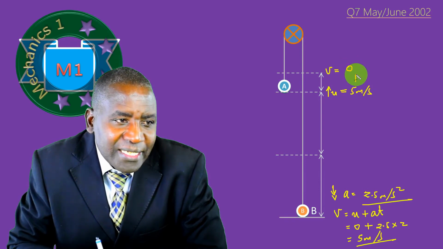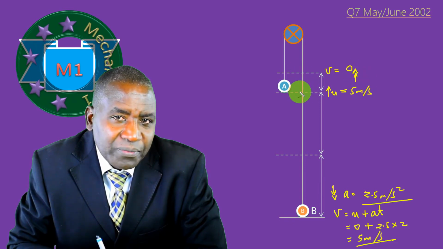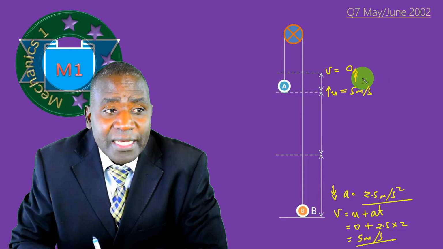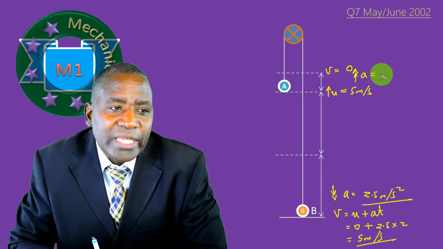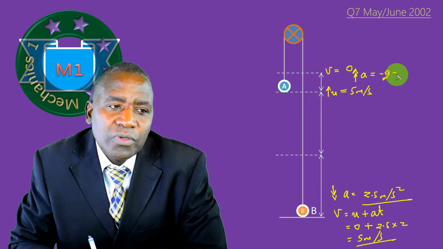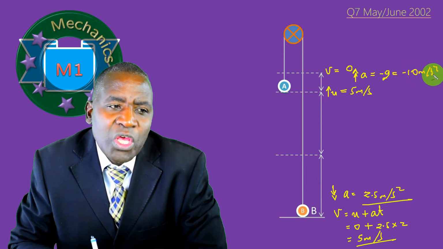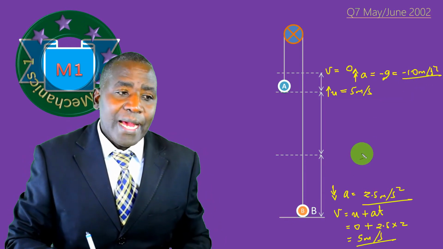How much is the acceleration of A upwards for this motion? It is not 2.5, it is minus g, which is of course minus 10 meters per second squared, because when the string becomes slack, the object is now moving under gravity.